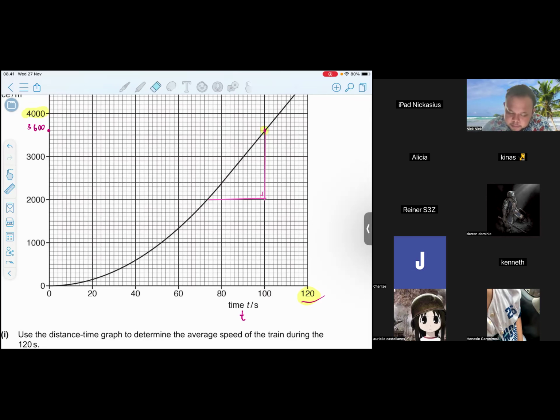No, I think I missed something. Wait, let me try first, because it's tricky. This is the gradient between this. Now this one is the gradient.